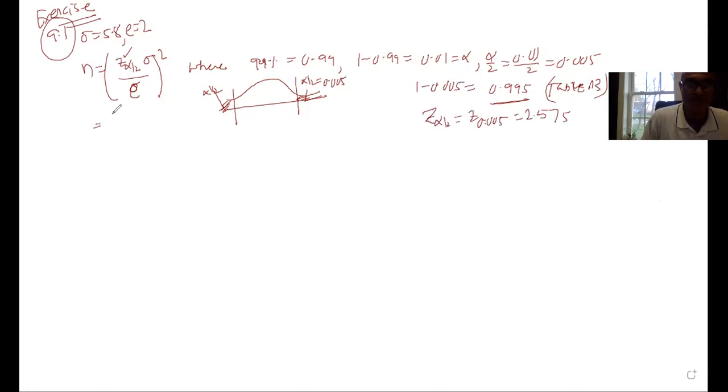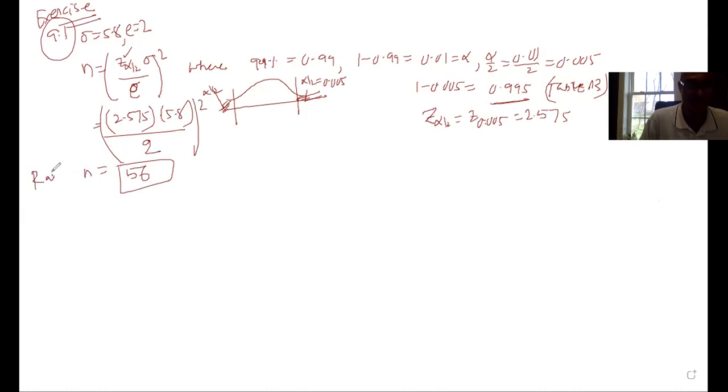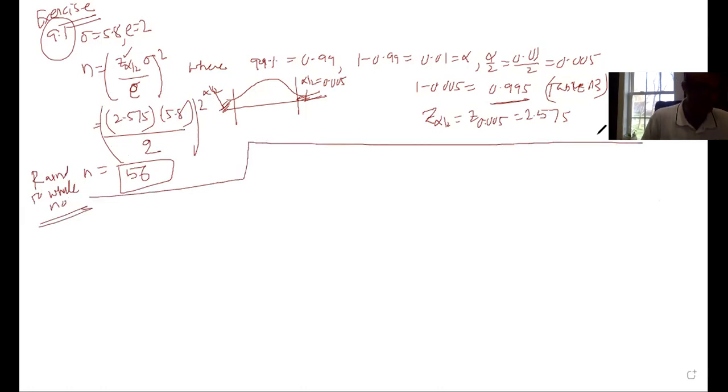Plug this value here, 2.575, and sigma is given to you 5.8, divided by E, which is given as 2, and make square. Just use your calculator. I have the answer here, it is 56. If it is not exactly 56, like 56.2, you can round the number. Please round to a whole number.